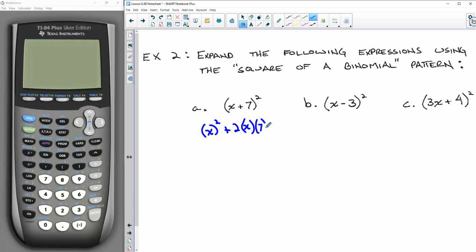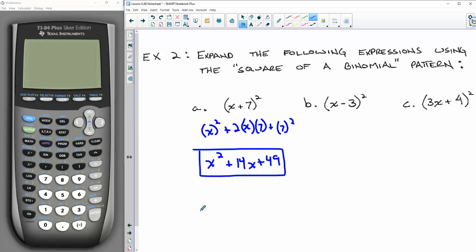And at the end, we're taking that 7 and squaring it. All right, so it's just going to be x squared plus 14x plus 49. Like I said, we've done that a little bit already. So x squared is x squared, 7 squared is 49, and 7 times x doubled is 14x.